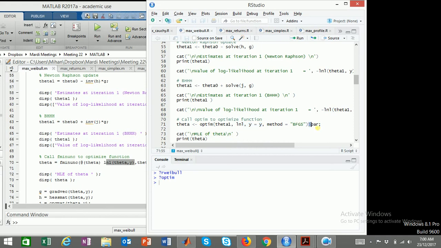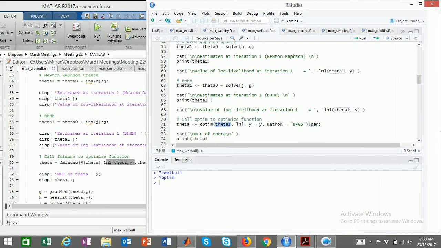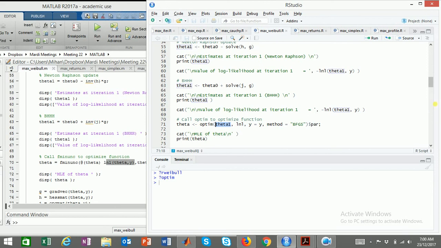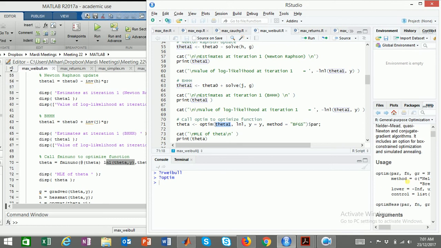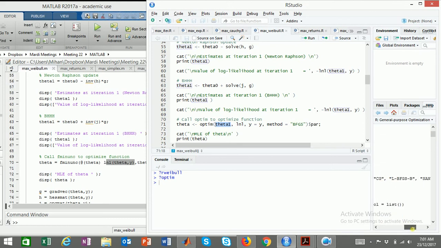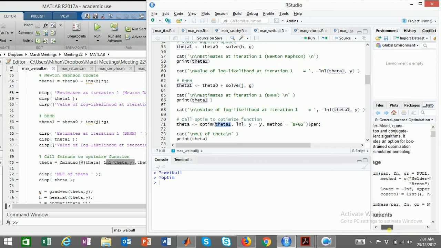At par, initializing the initial value theta 1. Log L will happen up until y equals y. I understand that function. Let's have a look into the function.